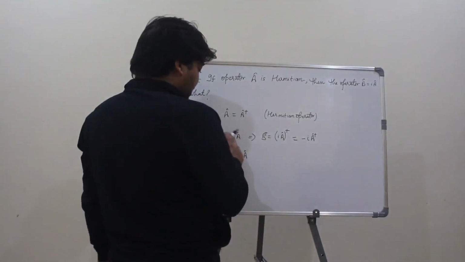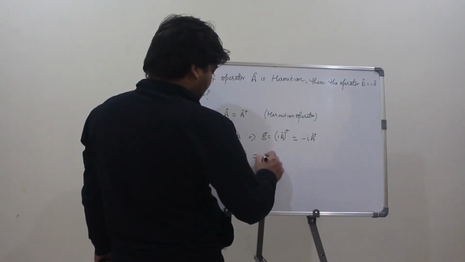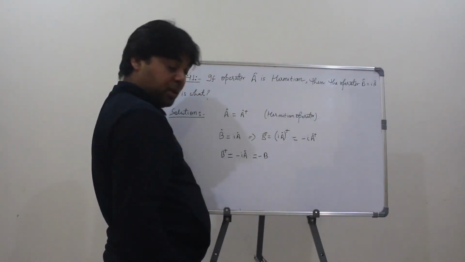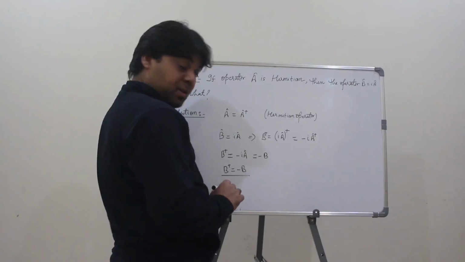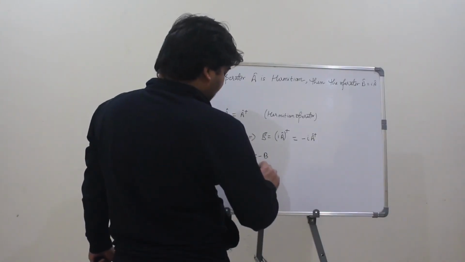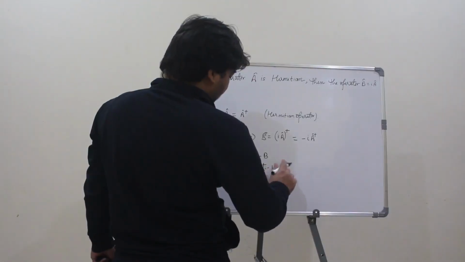But iA cap is nothing but B, which is minus of B. So B dagger equals minus B. It means that the operator B is anti-Hermitian.